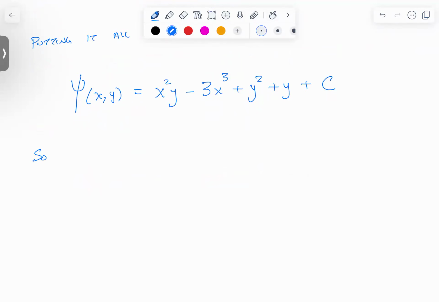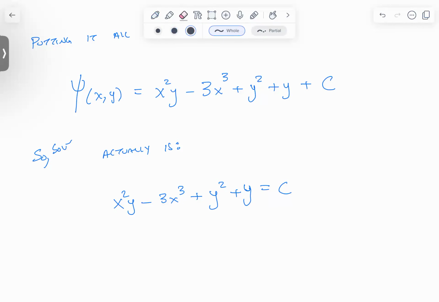So the solution to the equation actually is this. Not the solution to the DE. So the solution of the DE is actually this.